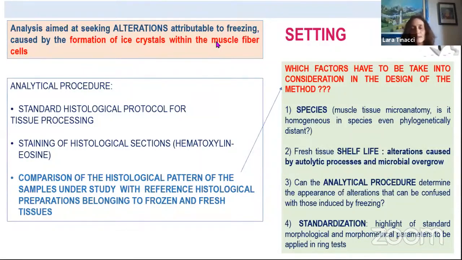So different species have to be evaluated separately. And the presence of alterations determined by autolytic phenomena or microbial overgrowth during the shelf life of the product can interfere with the correct assigning of the product to fresh or frozen.